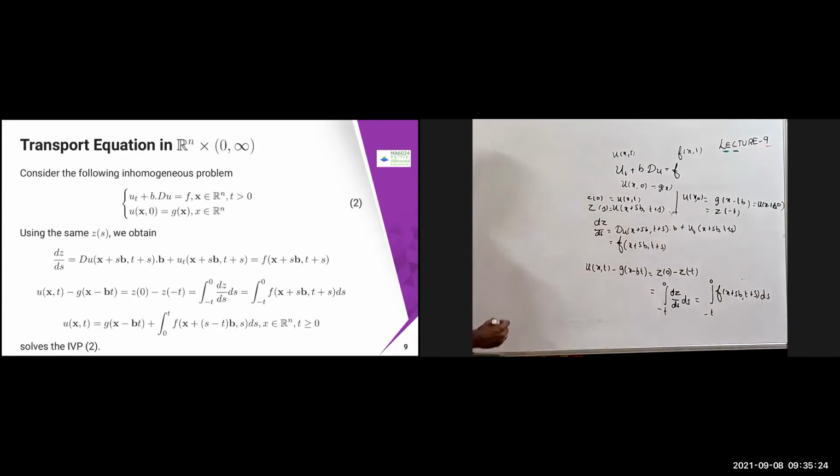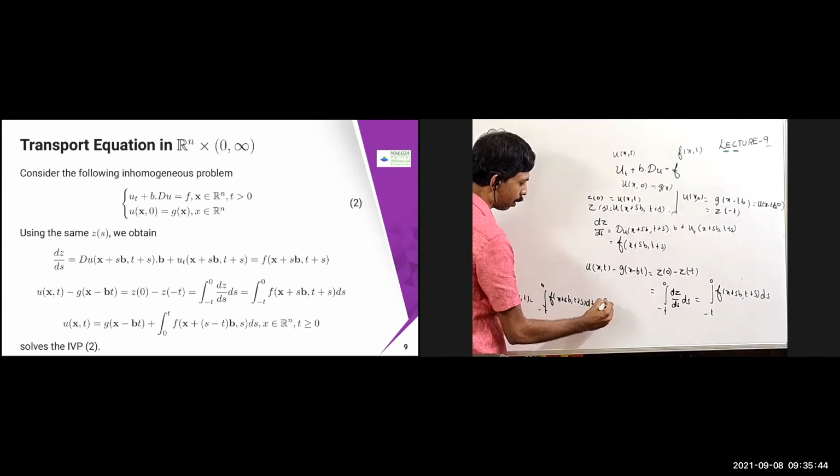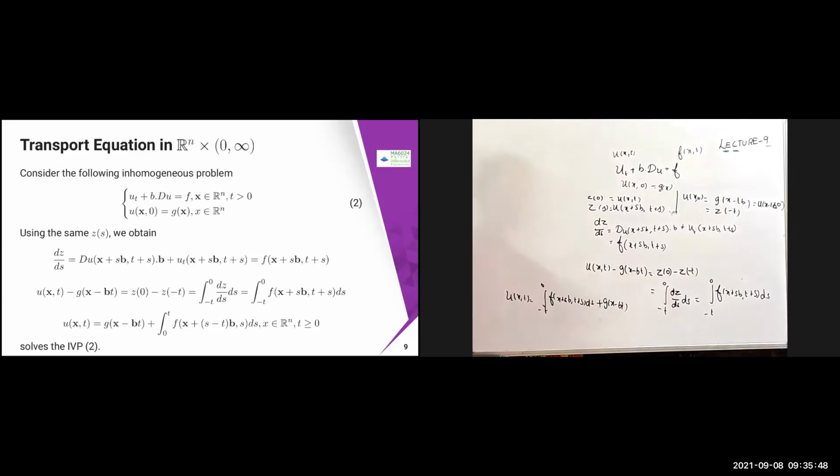So therefore, what is my u of x comma t going to be? It is going to become integral from minus t to 0 of f of x plus sb comma t plus s into ds plus g of x minus bt. I'm just pushing it to the other side.